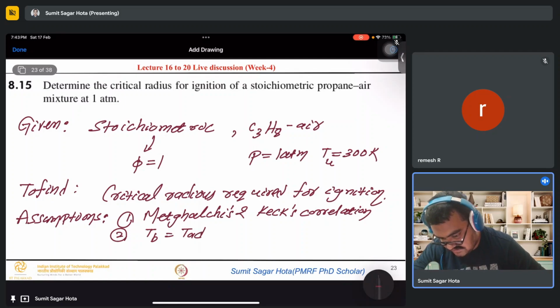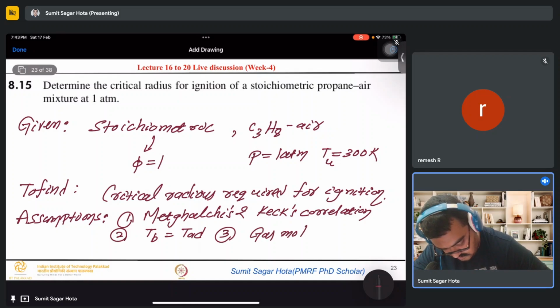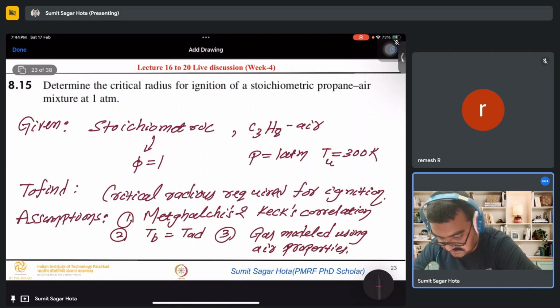The burned gas temperature is the same as the adiabatic flame temperature. Then the gas is modeled using air properties. We are saying the gas and air are the same. These are some of the basic assumptions we are taking.